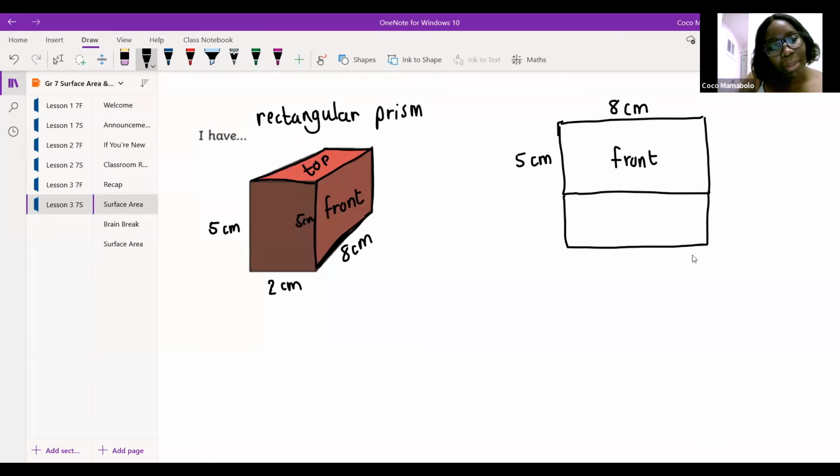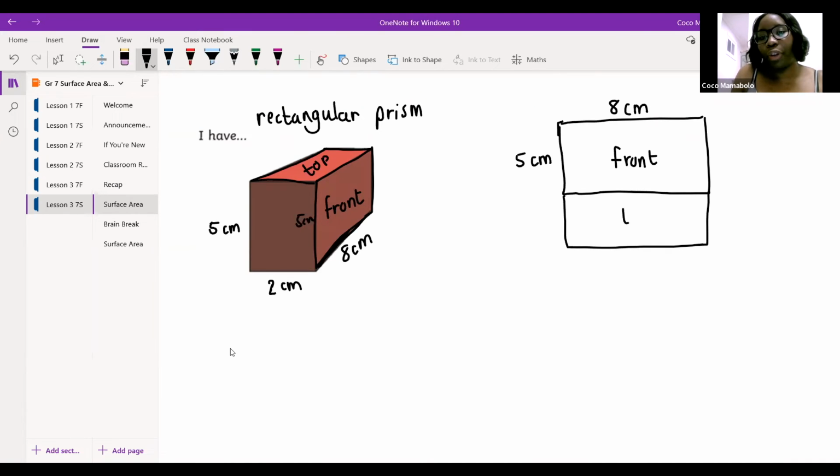Danae says, wait, ma'am, isn't the 5 centimeters the height? Yes, it is. Danae, you're absolutely right. It's the height. But when I break down a 3D shape into 2D shapes, the height then becomes the breadth of some of the sides. It will make sense in just a little bit.